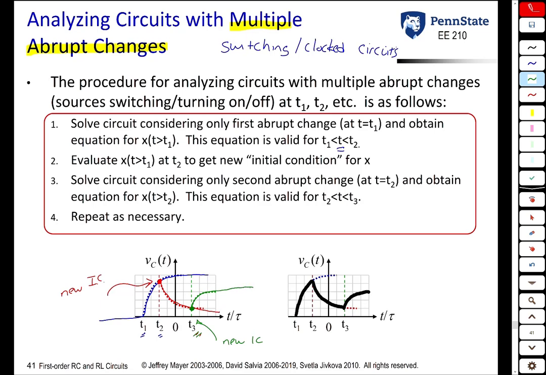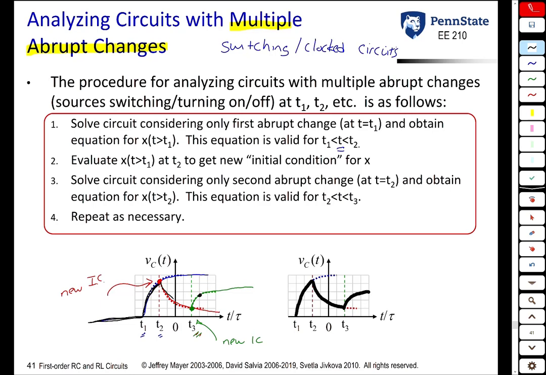And of course, if there was another change at T4, let's say here, for example, you would get another initial condition. Anyway, when it's all said and done, the final response is going to be this blue line between T1 and T2.